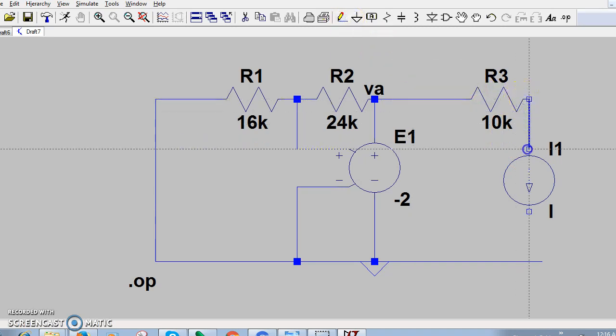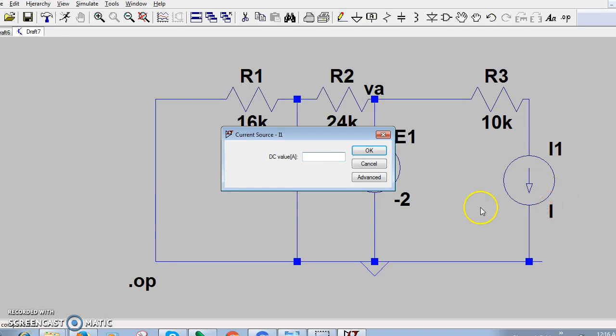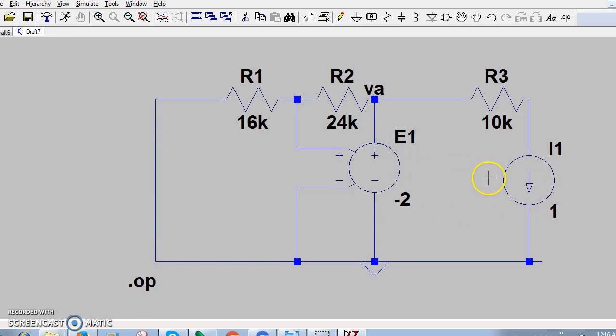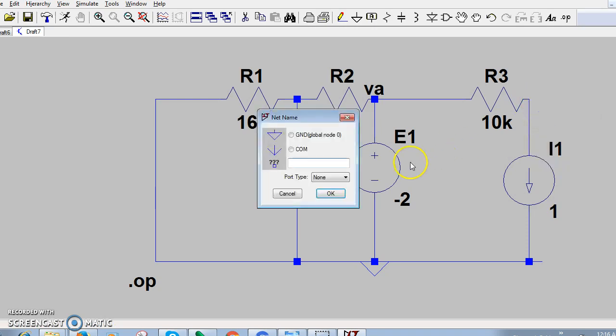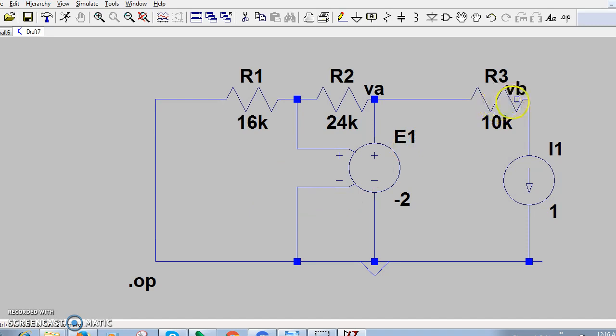Let's connect these two terminals. Let's give a value, for example 1 ampere independent current source. We'll label this to be VB.